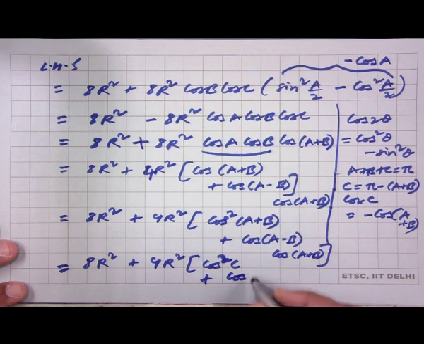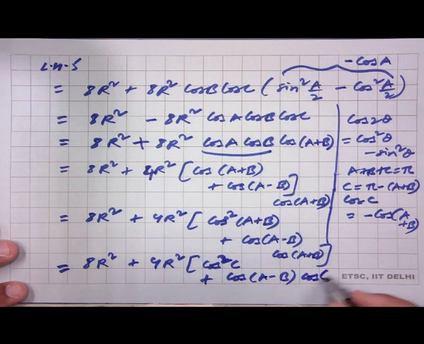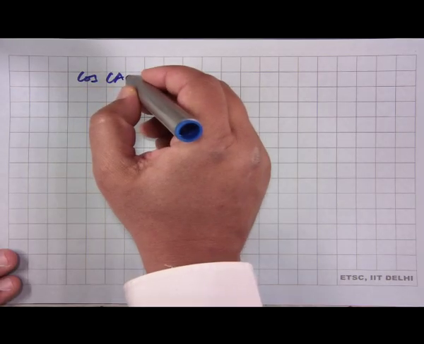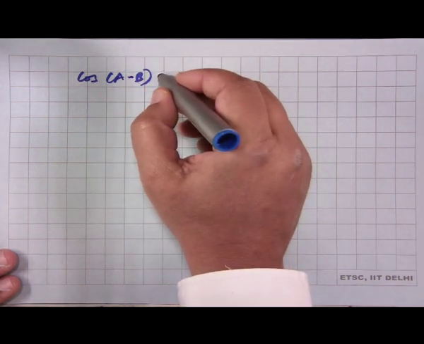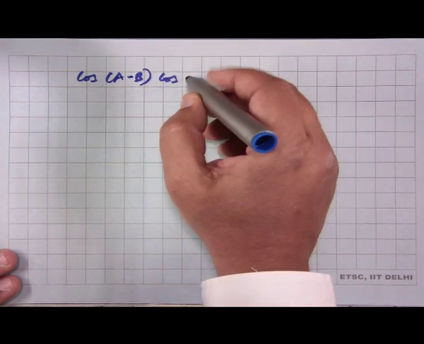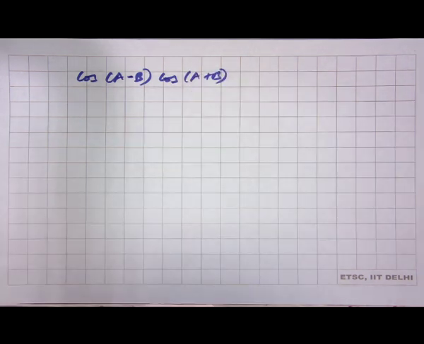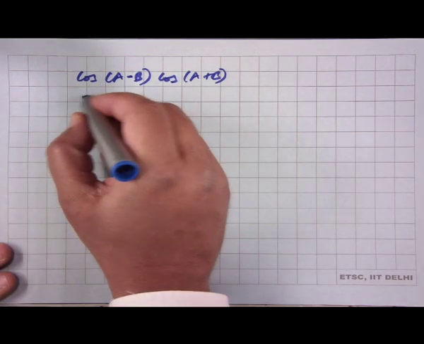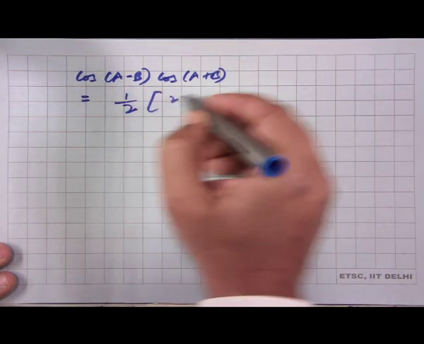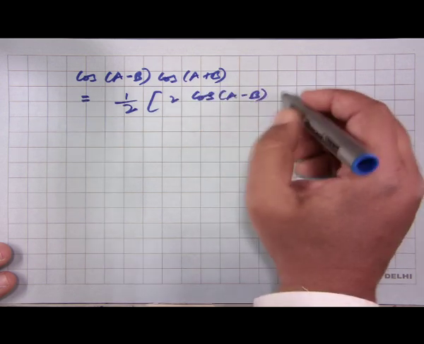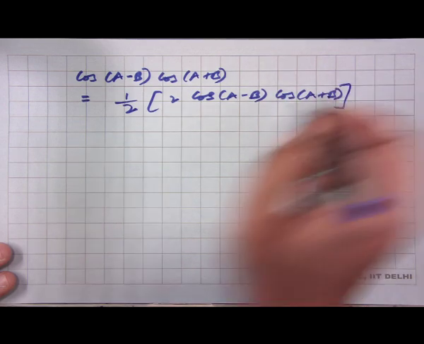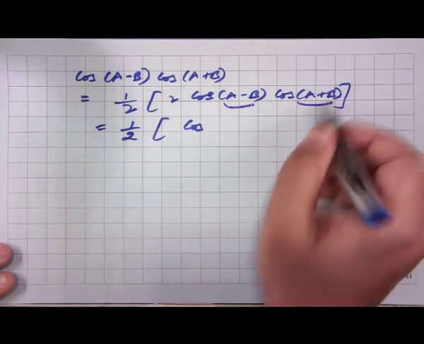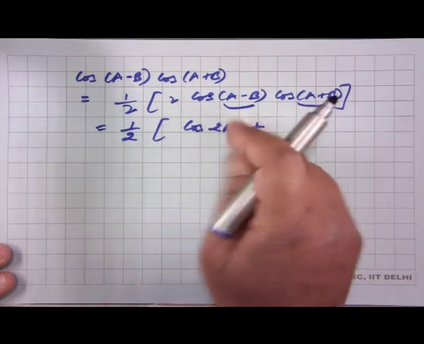Plus, now cos of a minus b into cos of a plus b is equal to half times, of course, cos of this plus this, which is 2a, plus cos of this minus this, which is 2b.